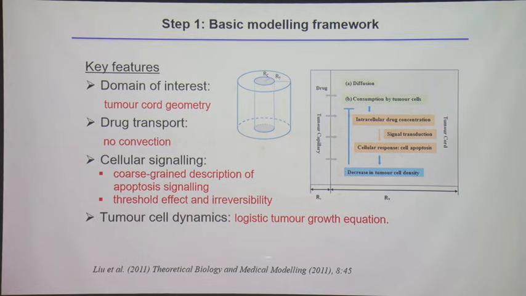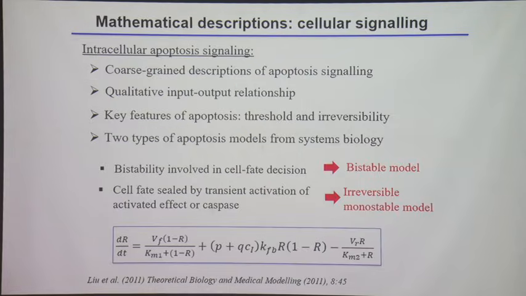So this paper that we jointly published with Dr. Krishnan as well, with our students, has all the details about the systems biology side of the equation that we introduced. It was a relatively basic model in that respect. We introduced a coarse-grained description of the apoptosis signaling, and we used the threshold effect and irreversibility in the model.